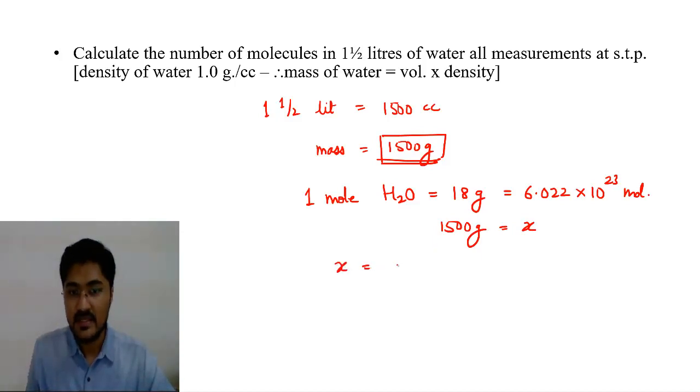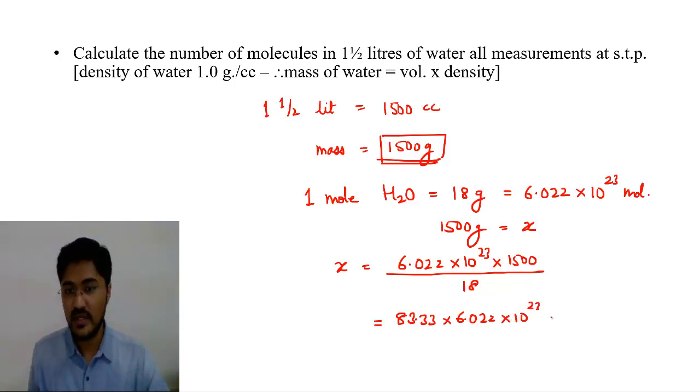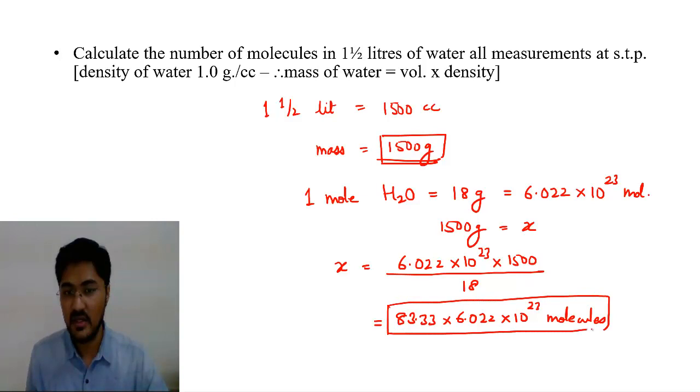So X will be 6.022 × 10^23 × 1500 divided by 18, and when you calculate it, this comes down to 83.33 × 6.022 × 10^23 molecules, and this will be your final answer to the given question. Now let's see the next question.